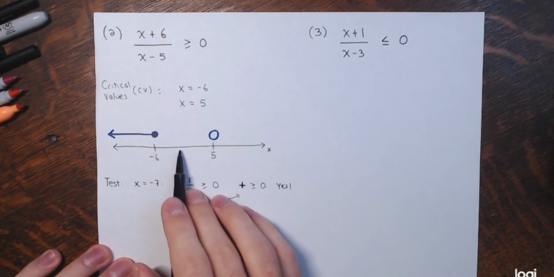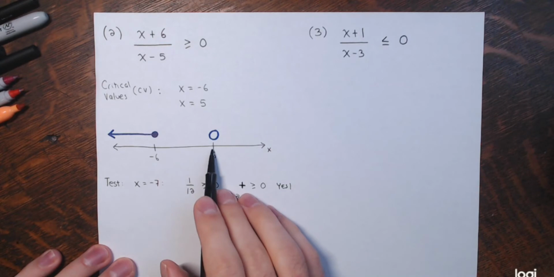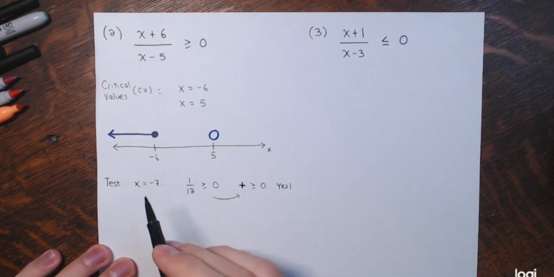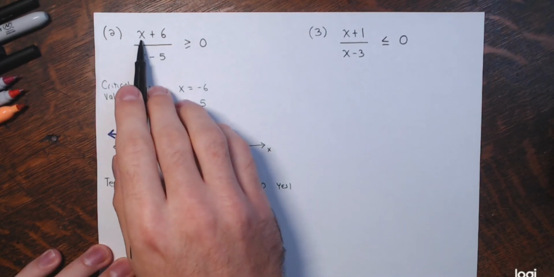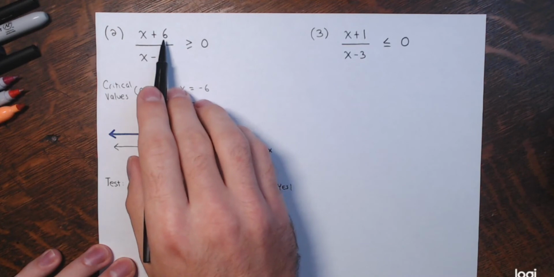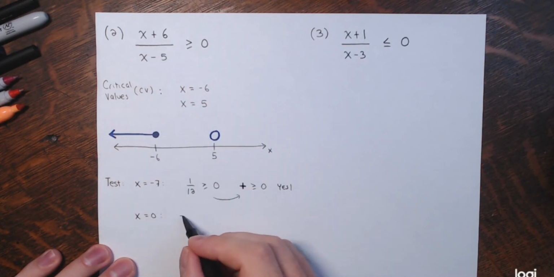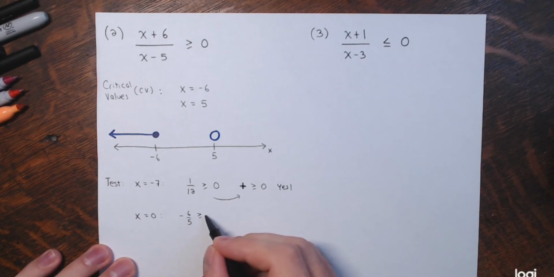How about between -6 and positive 5? Well, again, 0 would be a nice, easy choice. Now if I plug in 0 for x, you'd have 6 in the numerator, -5 in the denominator. That'd be -6/5 on the left is greater than or equal to 0 on the right.